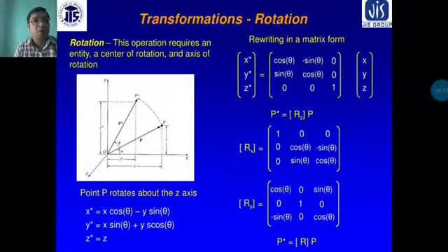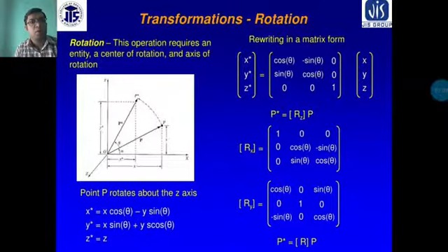You can find here that the writing in matrix form will also be here, that is x dash, x star, y star and z star, first equals the matrix. The matrix is prepared like this: the first row is cos theta, sin theta, 0, the second is minus sin theta, cos theta, 0, and the third is 0, 0, 1.